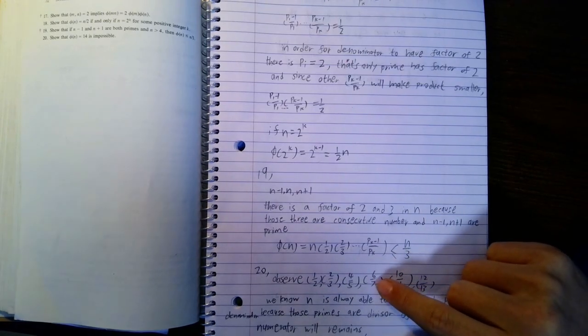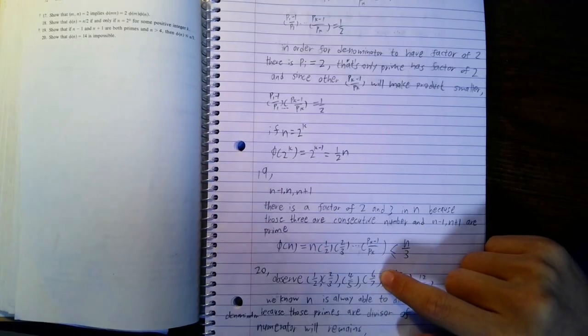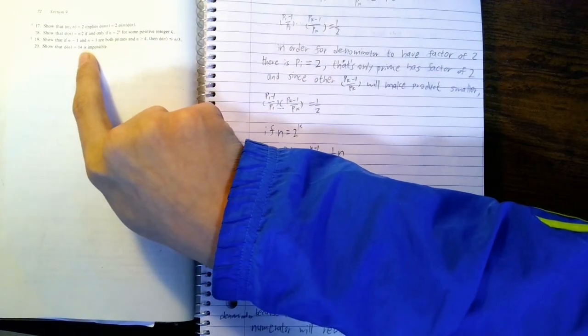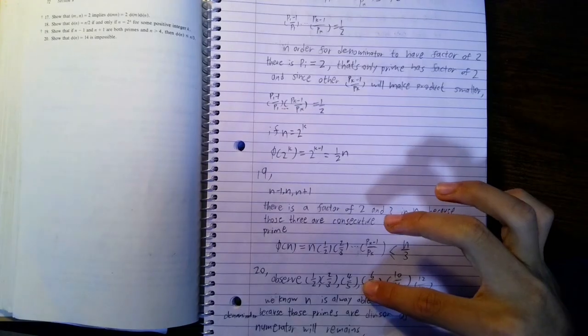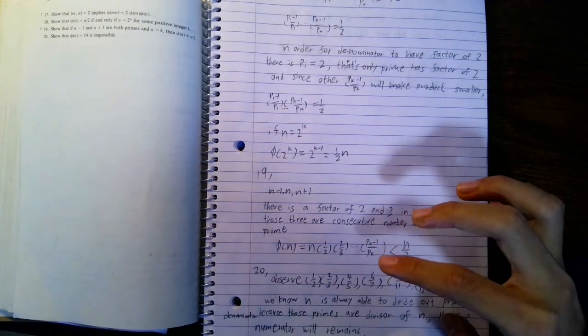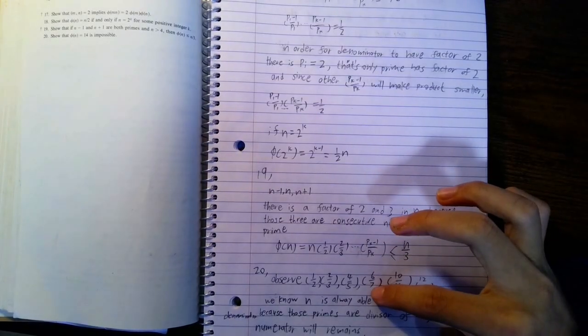And it's going to become a factor of phi n, but 14 does not have a factor of 3, so this is impossible. Which means that n is not a multiple of 3.